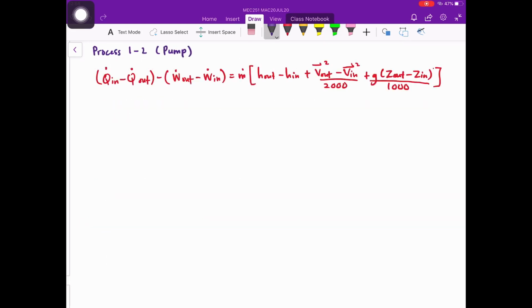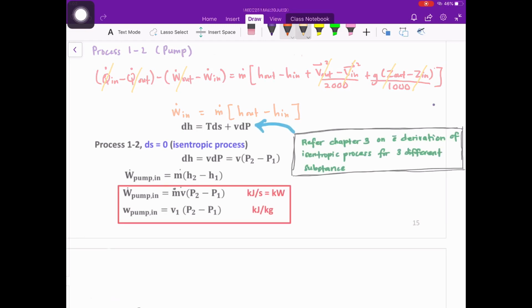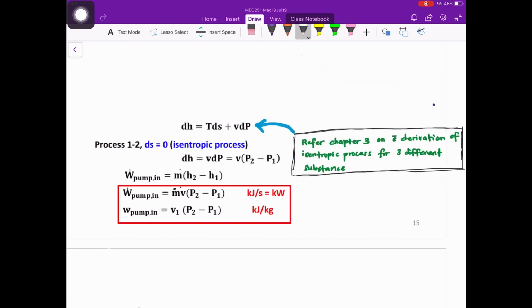Now let's have a look at each device. For process 1 to 2 at the pump, from the steady flow energy equation, since the pump consumes power during the operation and we neglect the heat transfer rate, kinetic energy, power out and potential energy, we are going to have this expression. Based on the derivation of the isentropic process for 3 different substances as discussed in chapter 3, we have this expression.